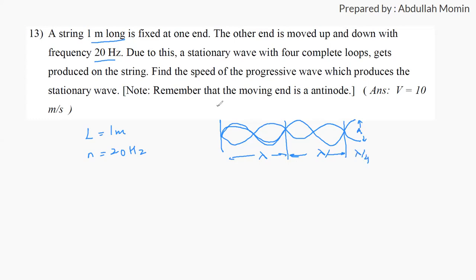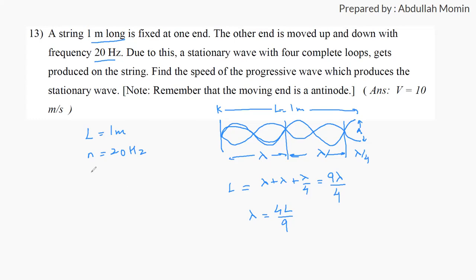So the total distance is lambda plus lambda by 4. So when you add this, we will get 9 lambda by 4. This is the length L, so we will write lambda is equal to 4L by 9.